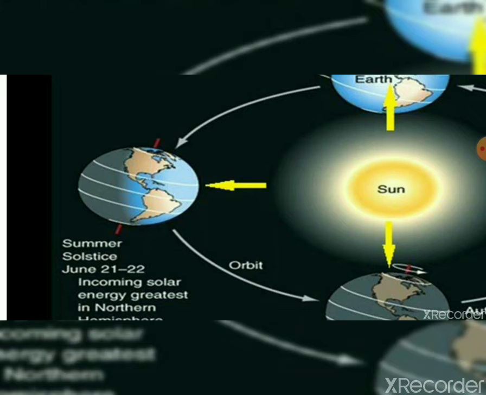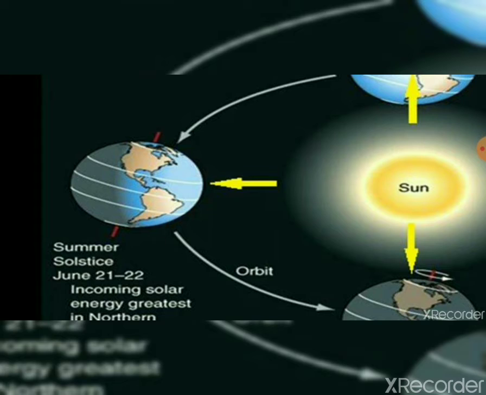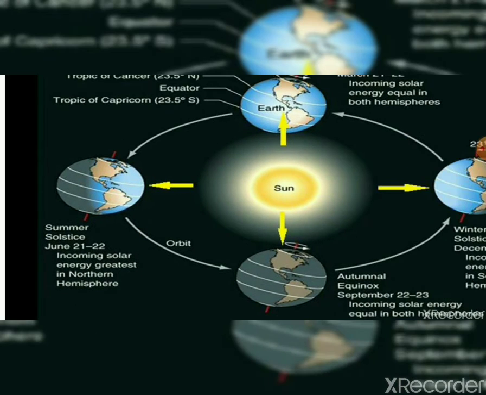And since a large portion of the Northern Hemisphere is getting light from the Sun, it is summer in the regions north of the equator. The longest day and the shortest night at these places occurs on 21st of June.